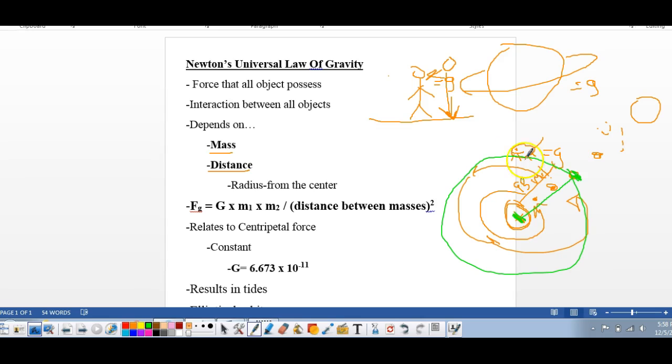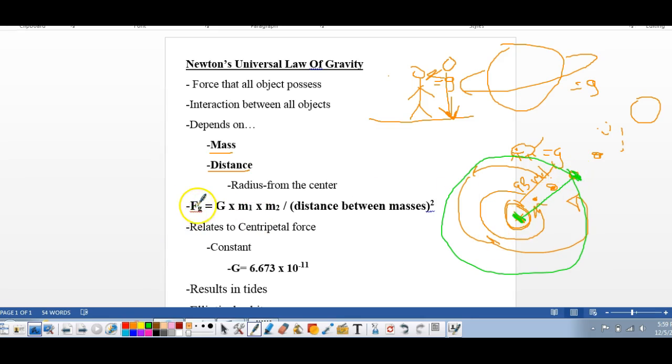Oftentimes we exaggerate them when we draw them as ellipses, just to show that they're pretty close to being circles, but in the end they're not quite circles, so they're ellipses. It has to do with being a little bit closer on one side, a little farther on the other, which stretches it into an ellipse instead of a circle. But that's how we do the radius, from the center of the sun to the Earth, and that would be our radius, or the distance.